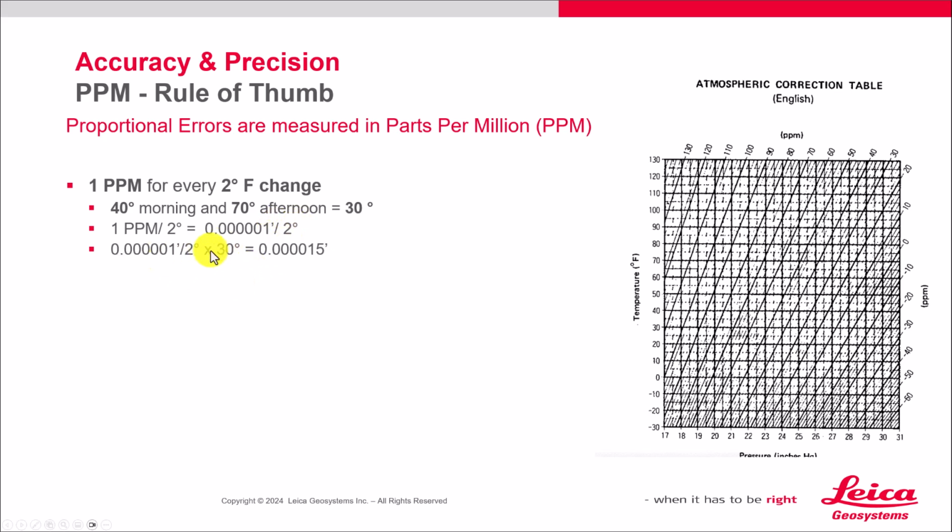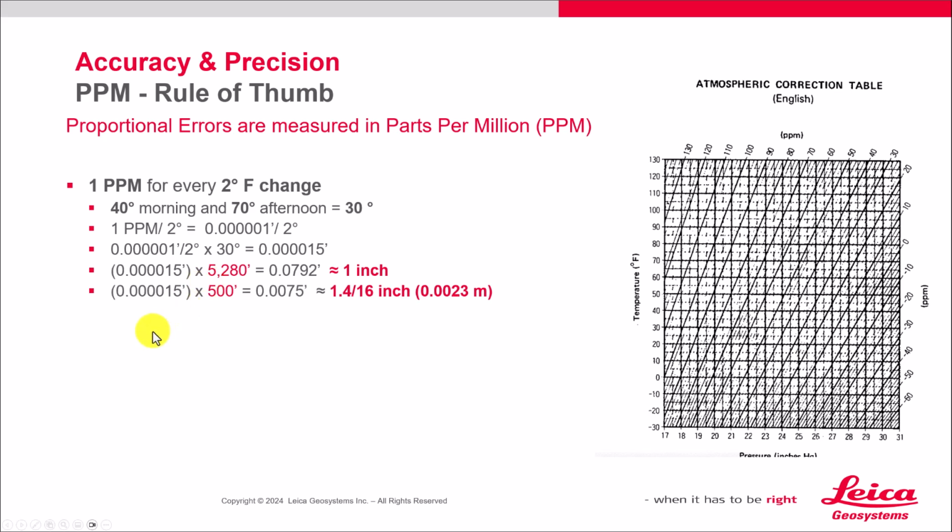We take that times the 30 it changed, and we have 0.00015 feet. That's the proportional part of a 5,280 foot shot, so it's almost an inch. If we do that for a 500 foot shot, we're closer to about a 1/16th of an inch, or 0.0023.